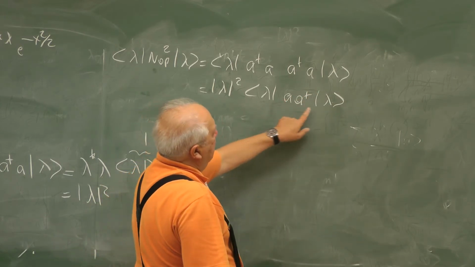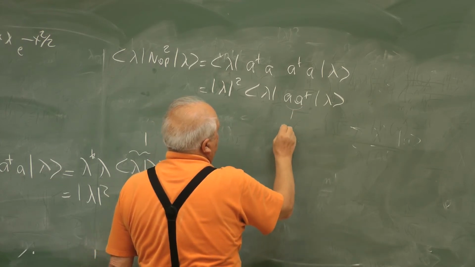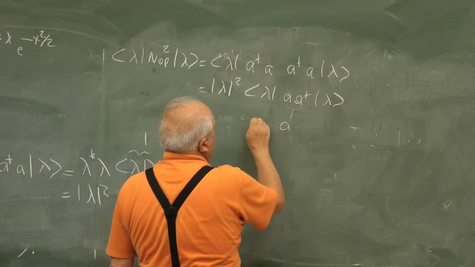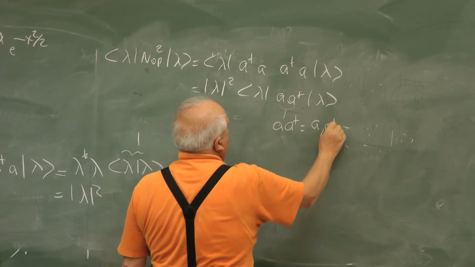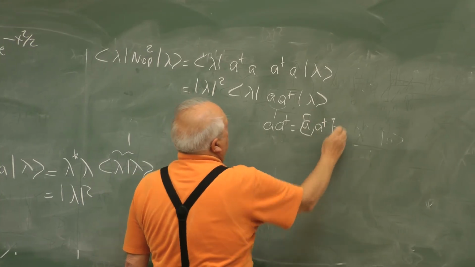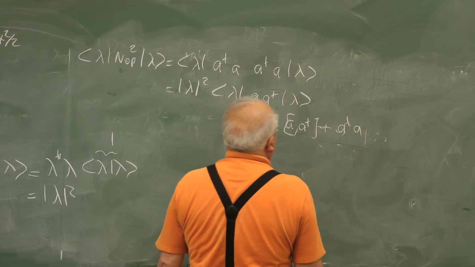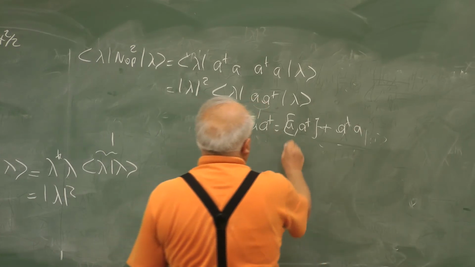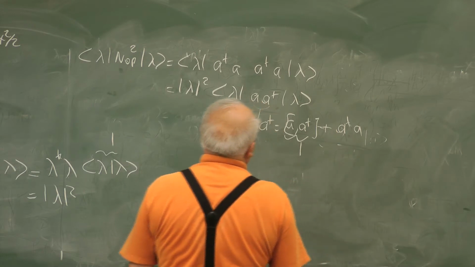We have to bring a to the right. So the way to do it we discussed last time. So a a dagger is equal to a dagger a plus the commutator, and this is simply 1.